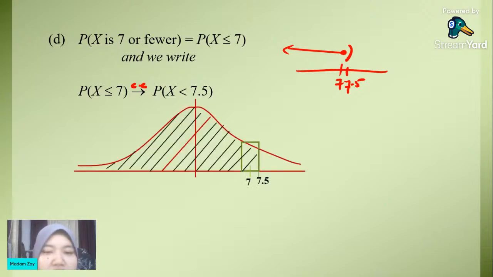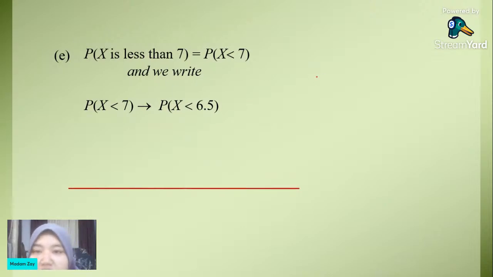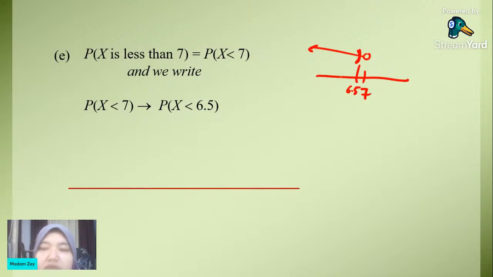And lastly, for probability of x is less than 7. So 7 here is not included. So we have to make sure 7 is not included. We cut the ties. Okay, we cut the ties. So where is this ties? So it's a bit before 7, which is 6.5.